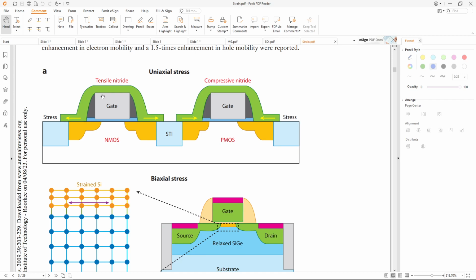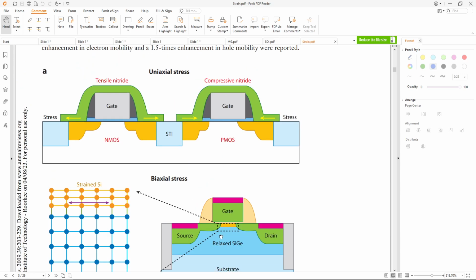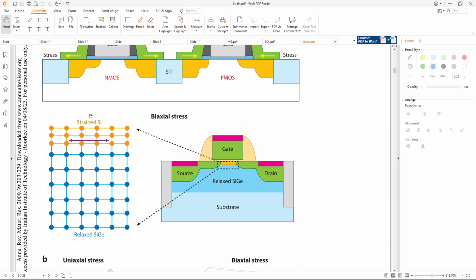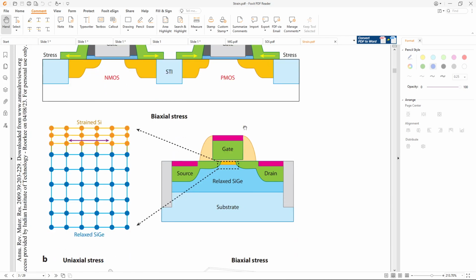Essentially we deposit a layer of what is called tensile nitride or compressive nitride in a particular fashion, so that the silicon dioxide or any kind of substrate that you use here, in this case they are using silicon and silicon germanium, gets lattice strains introduced because of this nitride layer on top of it.